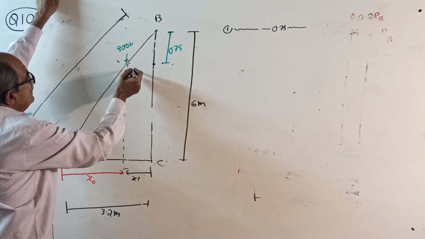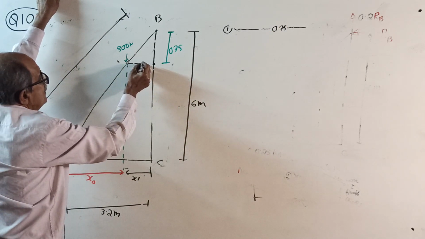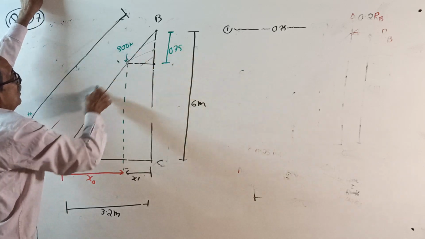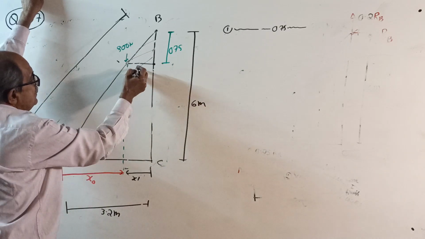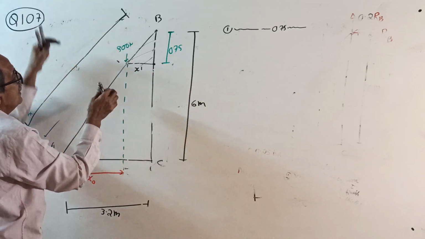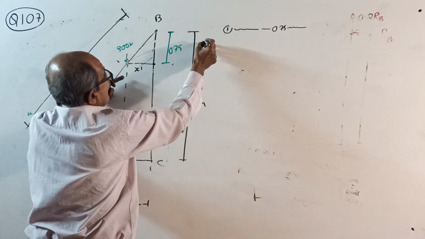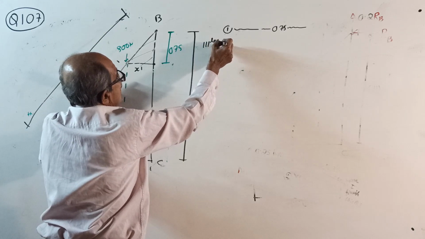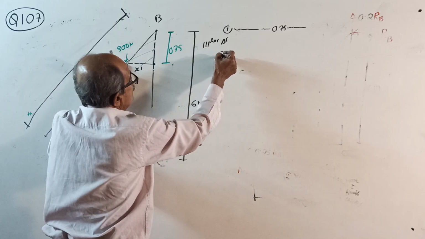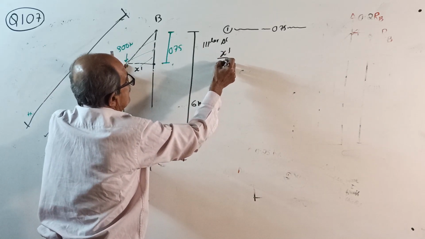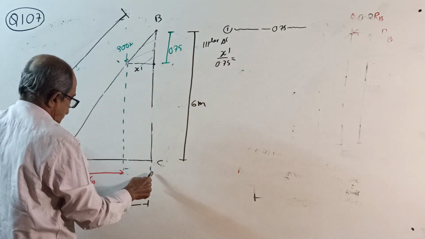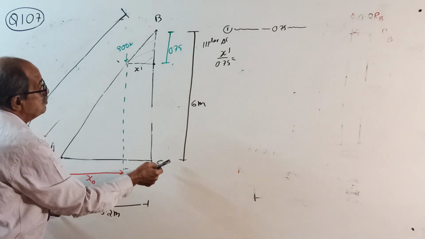You know what to do is, you take one small triangle here and one full triangle. You take this as x dash. Now from similar triangles, x dash divided by 0.75 equal to 3.2 by 6.